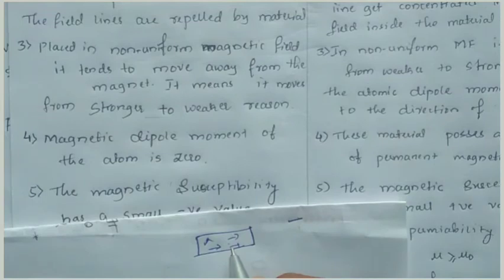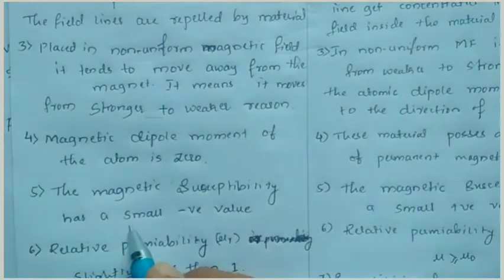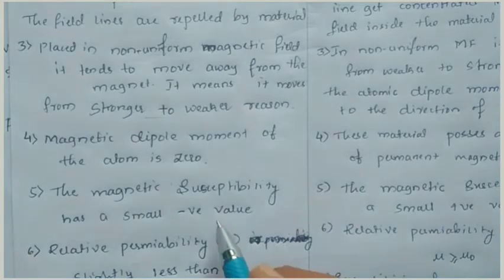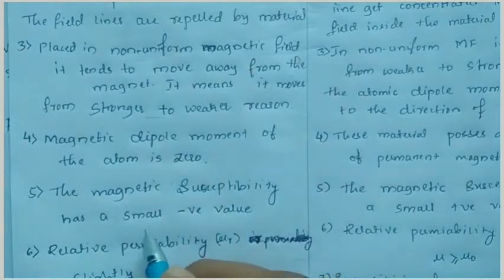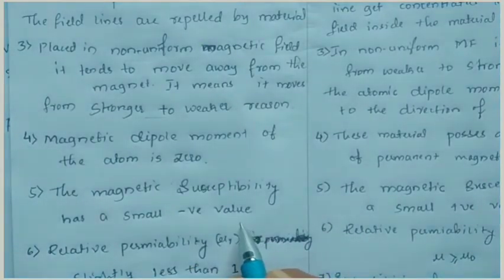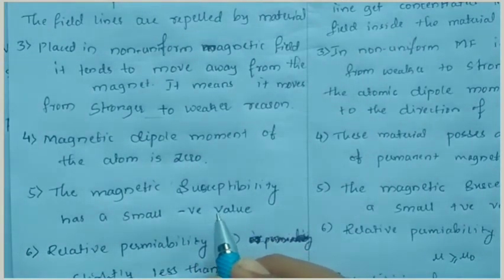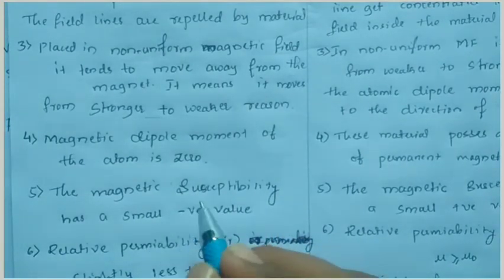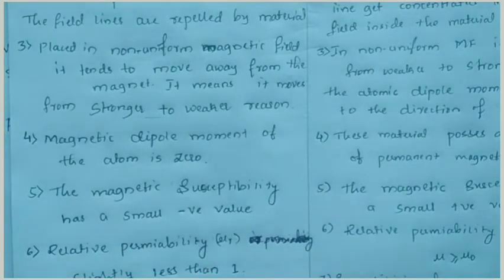The magnetic susceptibility has a small negative value because diamagnetic materials are repelled. It cannot show a positive value because diamagnetic materials do not magnetize. If the material is magnetized, the susceptibility will be positive. Here it does not magnetize, that's why it has a small negative value.